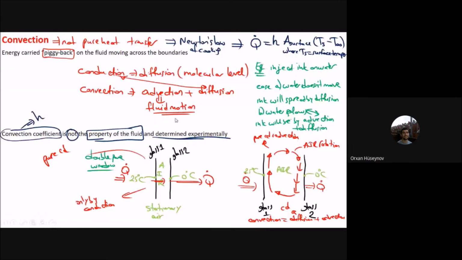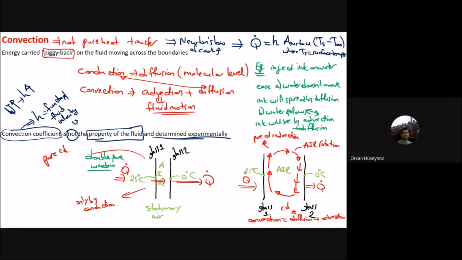And also this h value here is a function of fluid velocity. Okay, it is a function of the fluid velocity. I mean, if you increase the fluid velocity V, then you will also increase the convection coefficient, because they are proportional.